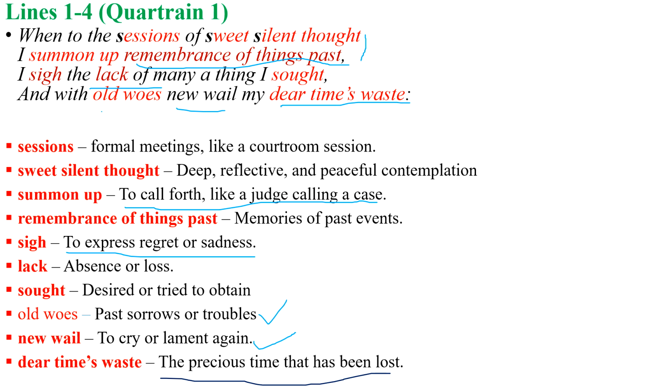Here the poet complains, but at the end of the poem, in the couplet, we see a kind of consolation. So in the first quatrain, the poet's memories bring back sorrow over missed opportunities, and he mourns how much valuable time has been wasted.